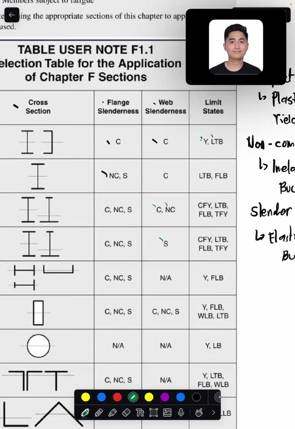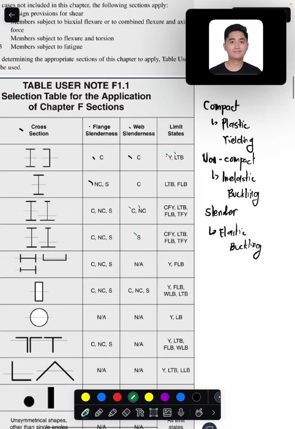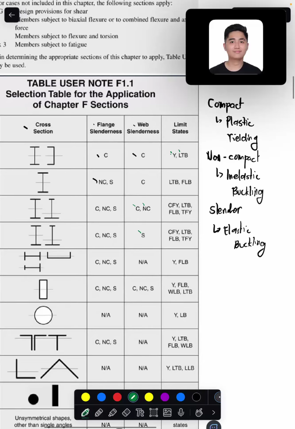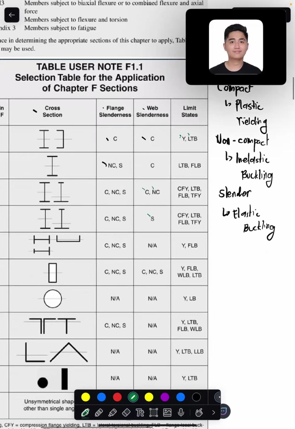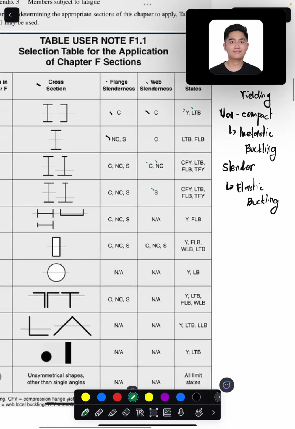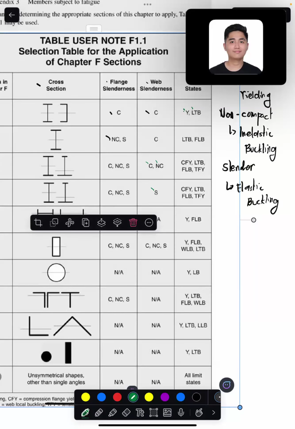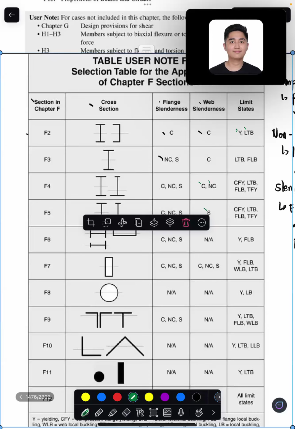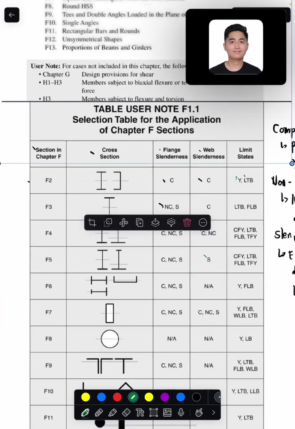The others, I will not really discuss. Torsional flange back yielding, that is the PFY. Then what else is there? Compression flange yielding, that is the CFY. So that is what happens here. Those are the limit states that we have to consider.